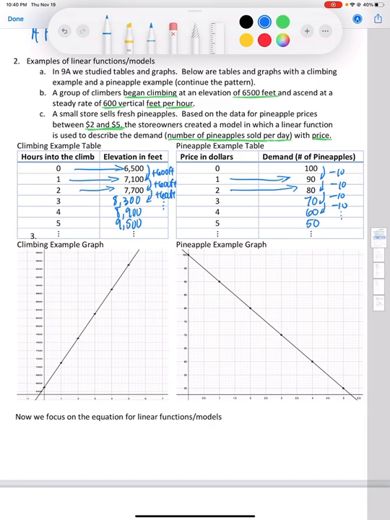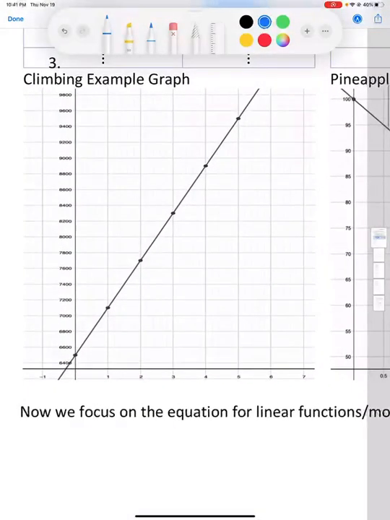That's the table form, and now we make a picture form. A lot of times we like pictures. So let's take a look at how that goes. Let's do the climbing example here.